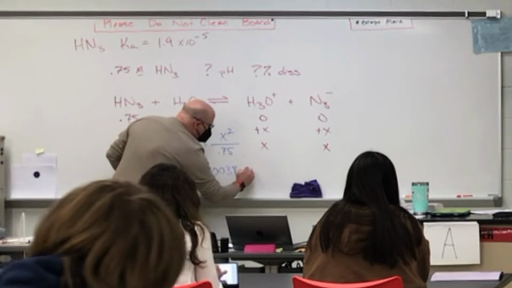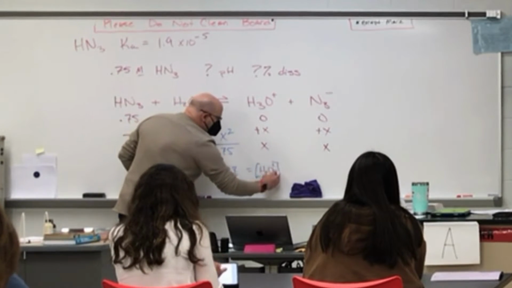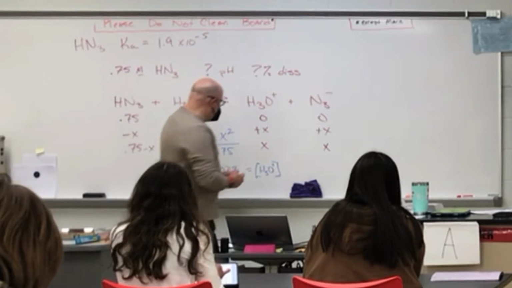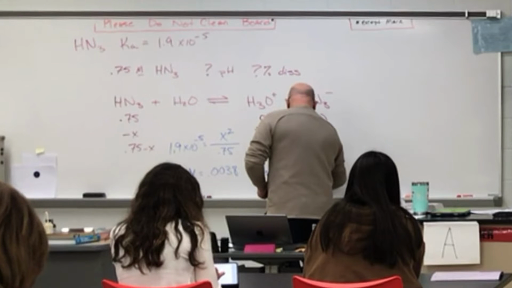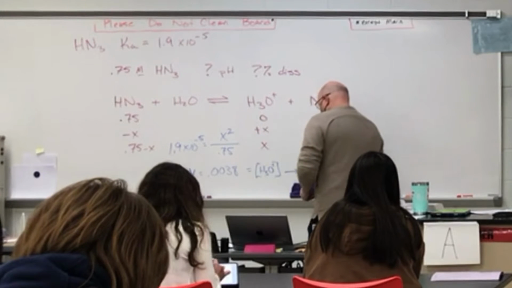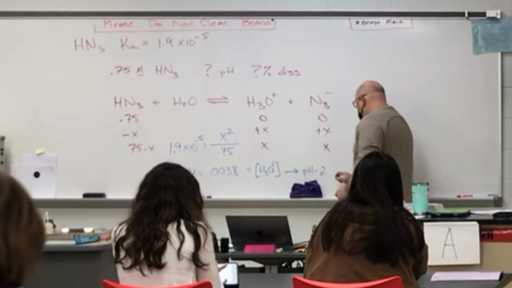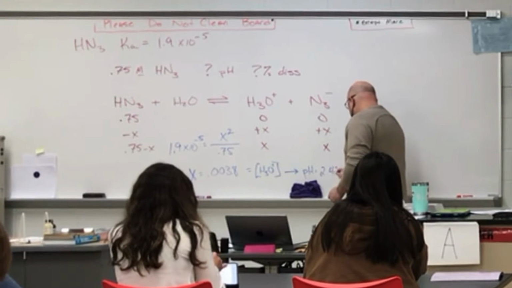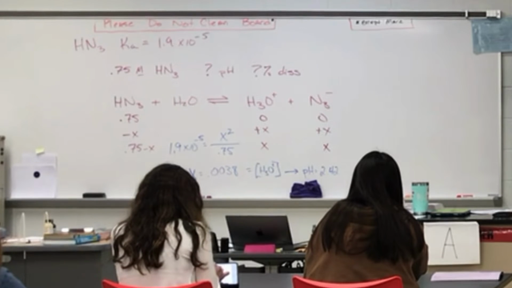Now, that will equal the hydronium ion concentration, which means all you need to do is take the negative log of that to find the pH. The pH is going to equal 2 point something, right? Yep. 2.42? Yeah. Okay. Everybody all right?